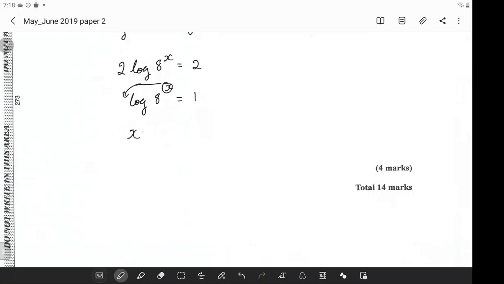So we get x is equal to 1 over log 8. And if you would like a numerical value, that is approximately 1.107, and so on.